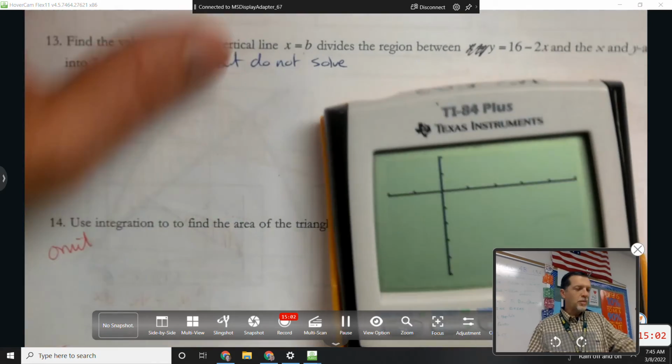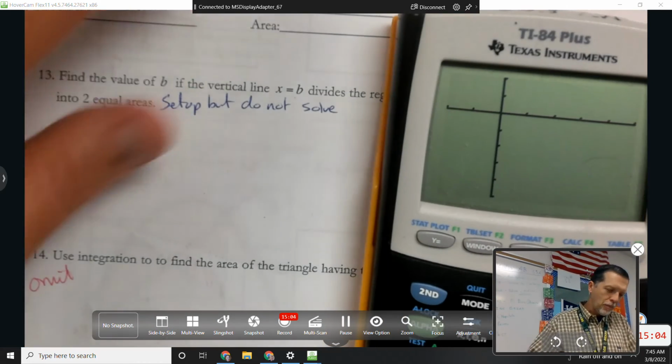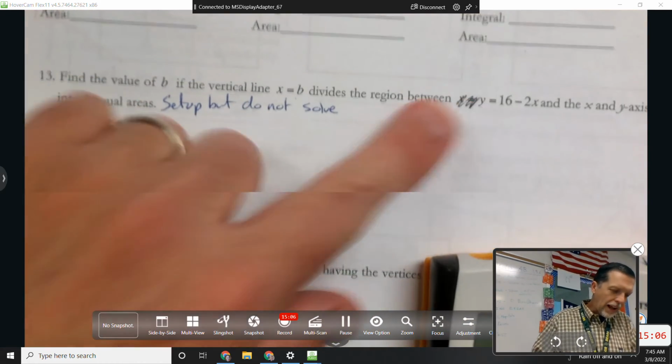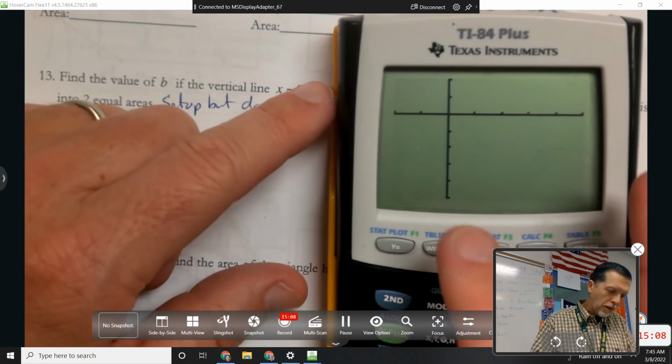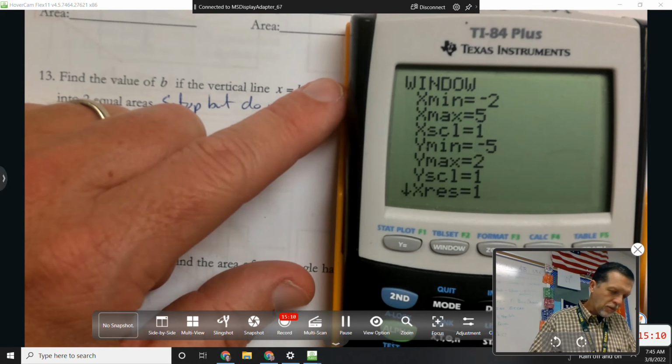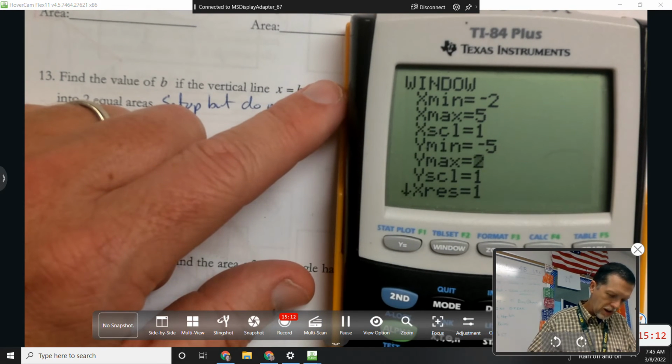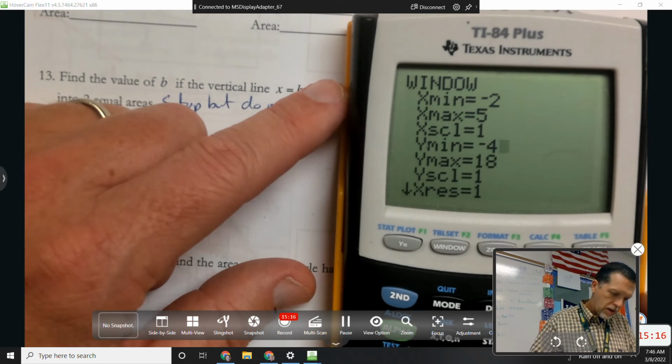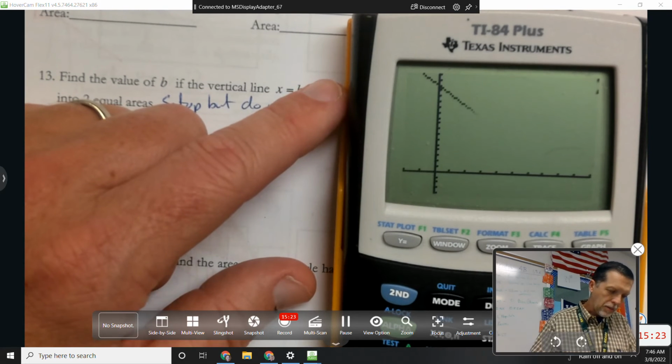Well, again, sometimes you got to play with your window because nothing showed up right there. But I know this one's going to start at 16, so my Y max should probably be up at 16, or maybe a little higher. And then I don't know how far out to go. Let's just see what that gives me.